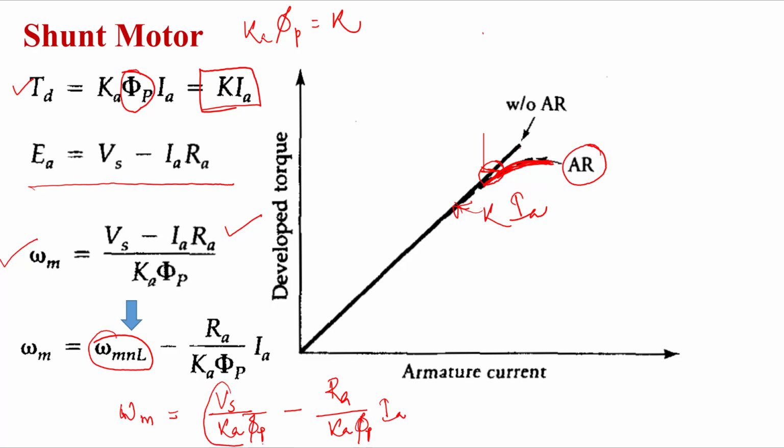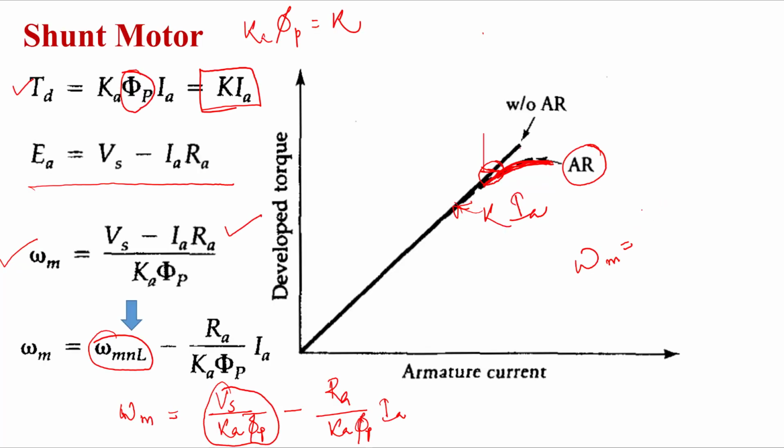Now Vs by K phi p is nothing but it is equal to the no load speed. Why is it no load speed? We know that omega m is equal to Vs minus Ia Ra by K phi p, right? So now under no load condition this Ra Ia drop is almost 0.